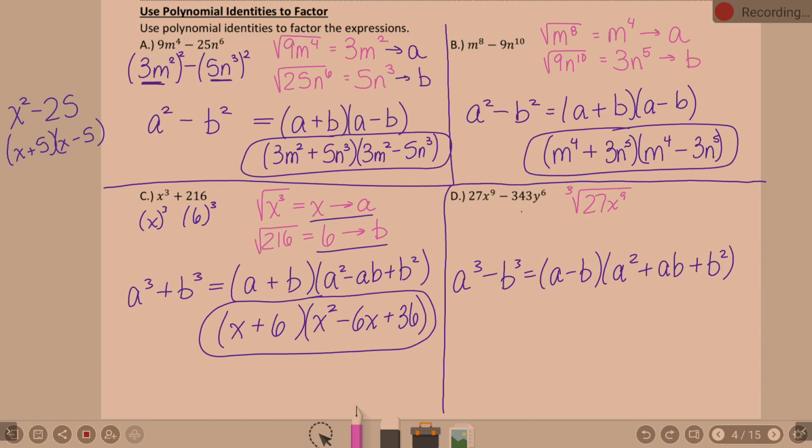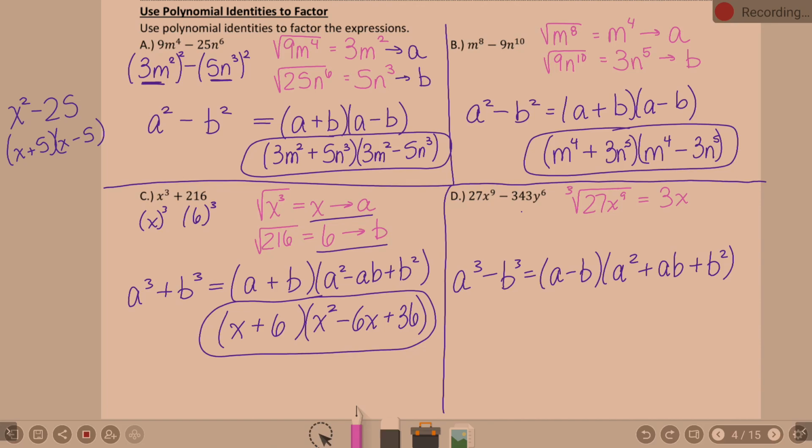27, x to the 9th. Well, what's it take 3 of to get 27 when you're multiplying? 3 times 3 is 9, times 3 is 27, yes? So 3x to the, when you're doing a cube root, take your exponent and divide it by 3.